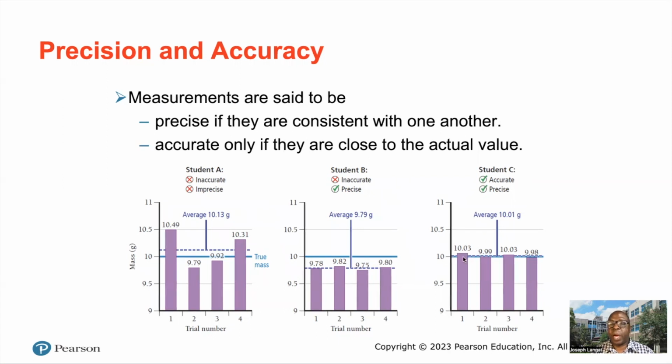Student C is both accurate and precise. Sometimes you may be asked to comment on your final results, maybe average mass, or three data points. Maybe if you measure the mass 3 times, will it be accurate or precise?